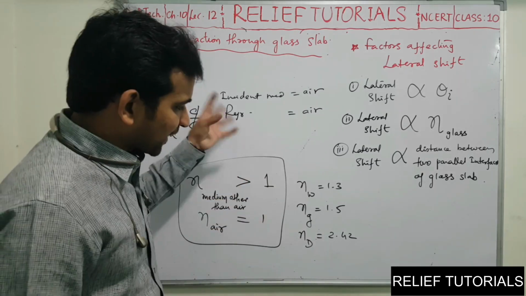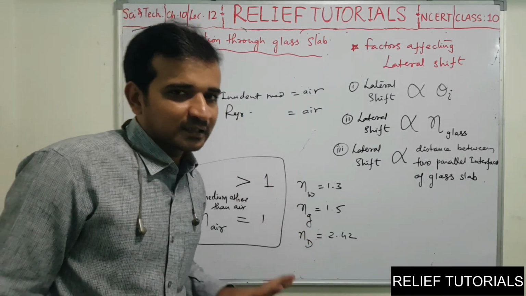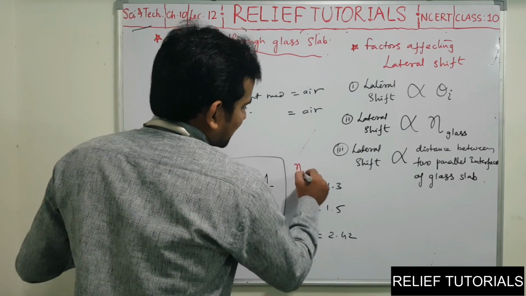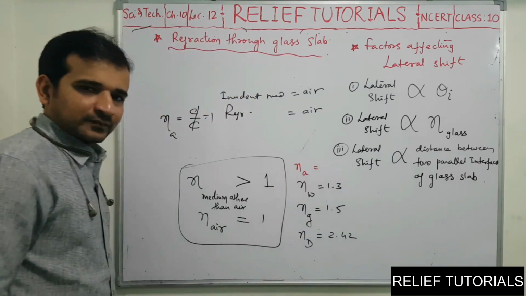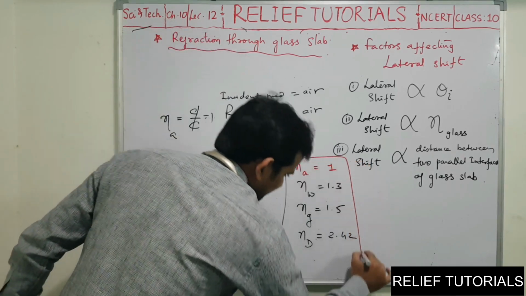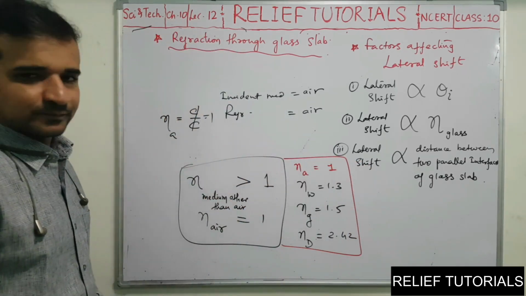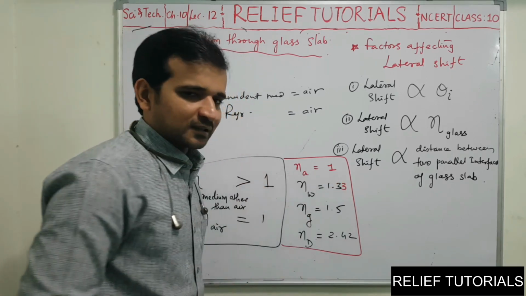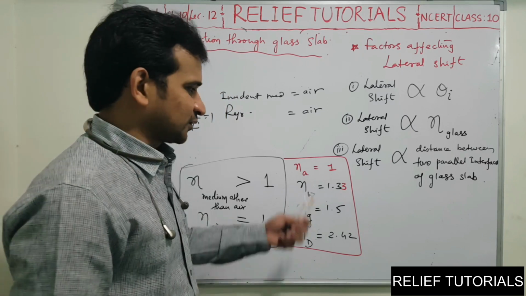When the ray goes from air to diamond, the ray will be deviated the most. What is the value of eta air? Eta air is always 1. So remember these 4 values. Actually, eta of water is 1.33. Sometimes we use 1.33, sometimes 1.3.